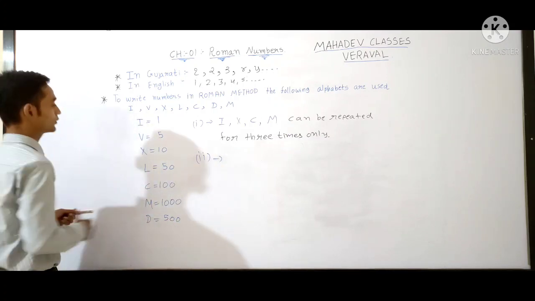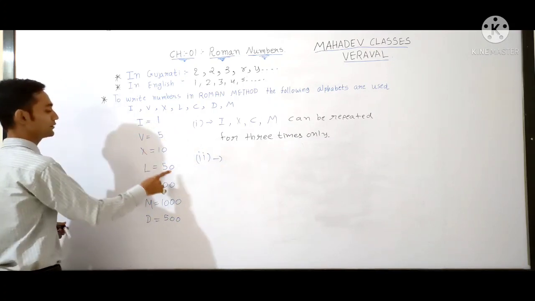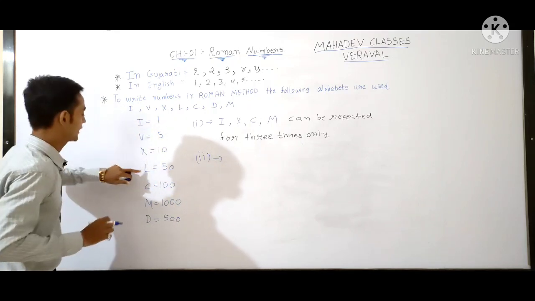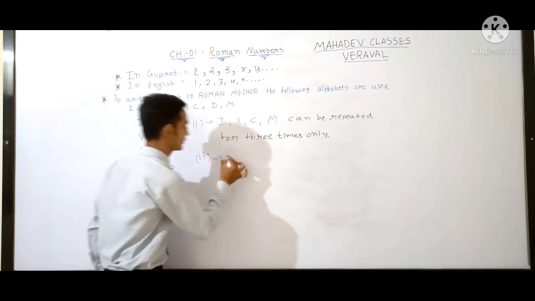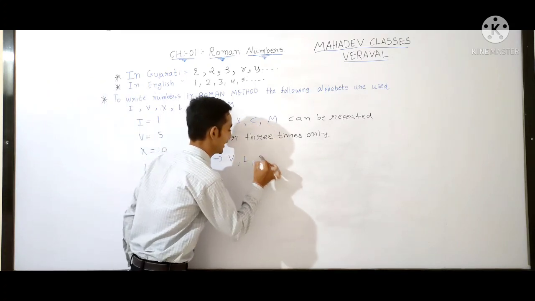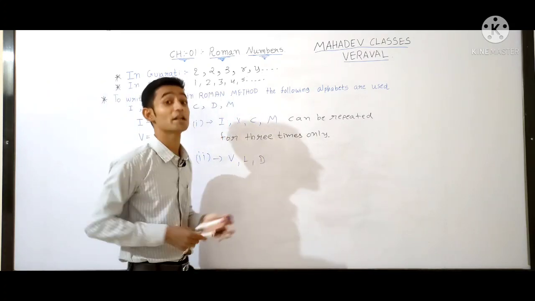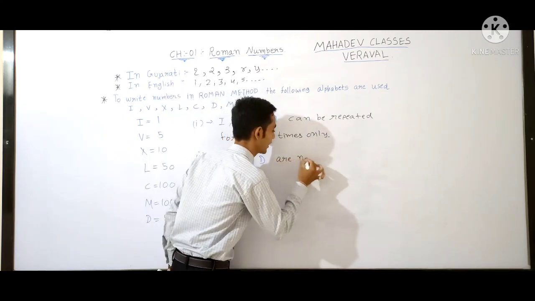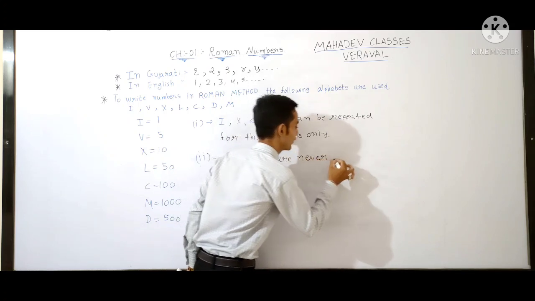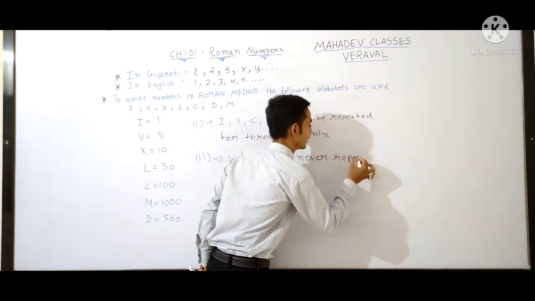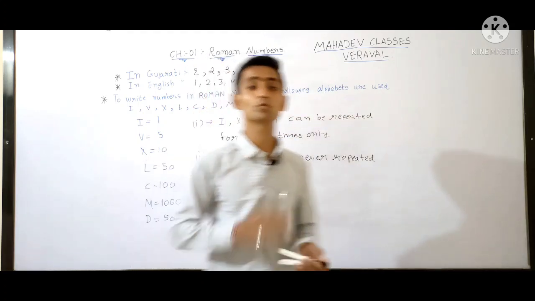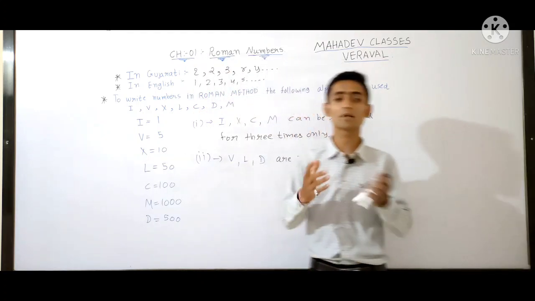So the rest of the alphabets, which are 5, 50 and 500, meaning V, L and D, are never repeated. These are some basic rules to write down the Roman numbers.